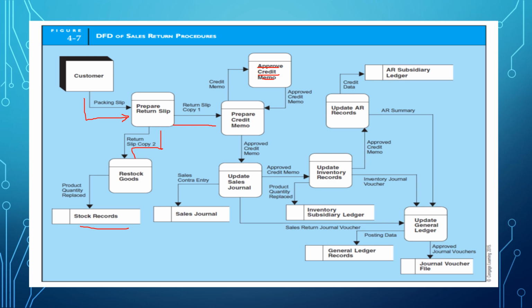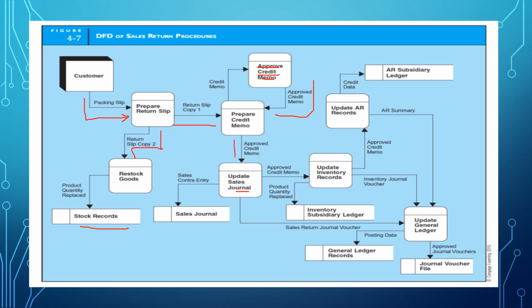It will be by the sales manager or the credit managers. So they will check, we will send the credit memo, and then it will be approved by that sales manager, and then we start to update the sales journal.